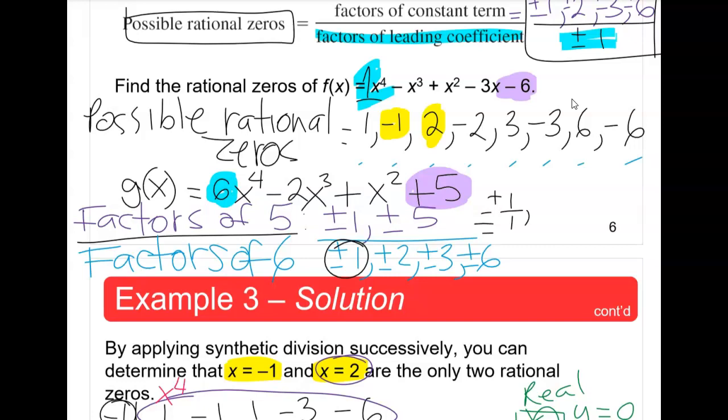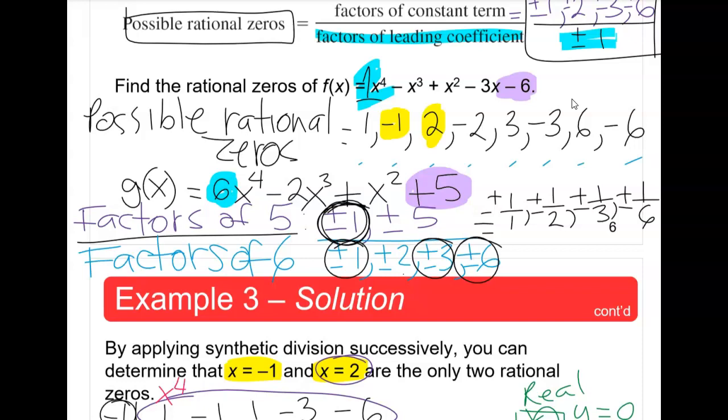And then we're going to have that same 1 divided by 2, so plus minus 1/2. Then we're also going to have that same 1 divided by 3, so it will be plus minus 1/3. Then we will have that same 1 divided by 6, so plus minus 1/6.